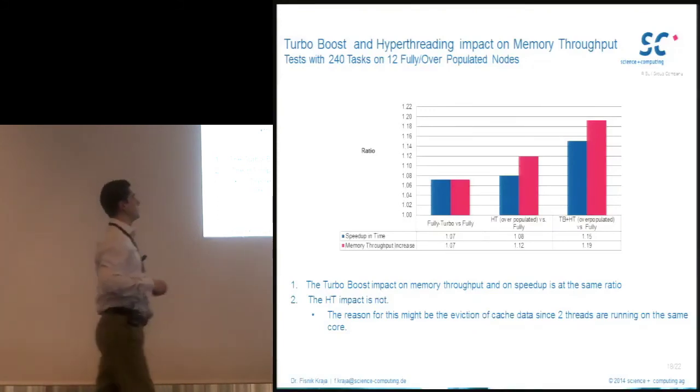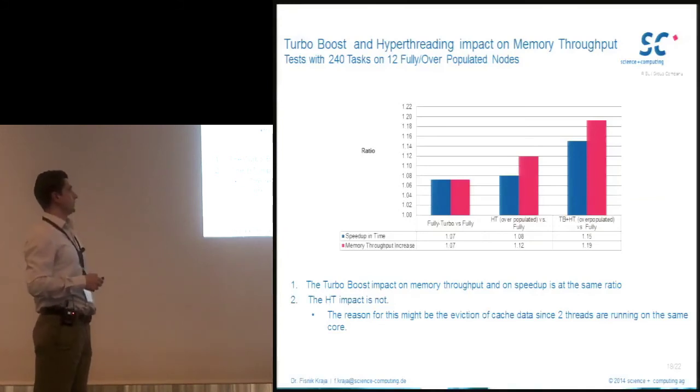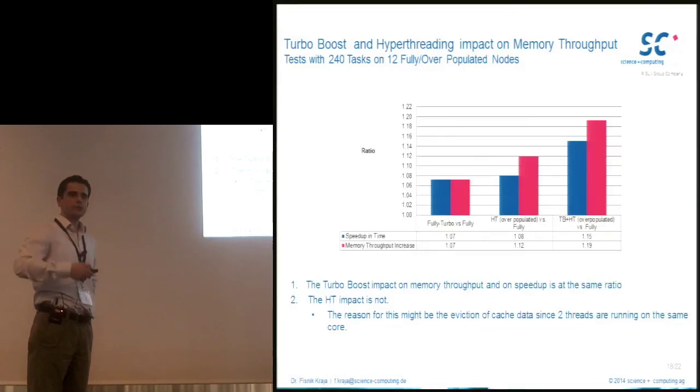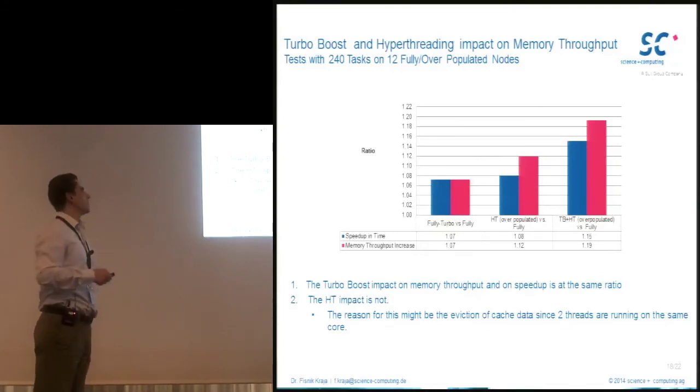This is the same thing that we saw before: if you change the frequency, the memory throughput will also increase. What we find a bit strange is when we overpopulate the nodes without turbo boost and compare with the fully populated nodes, so here we have double the amount of tasks per node, 2 tasks per physical core.